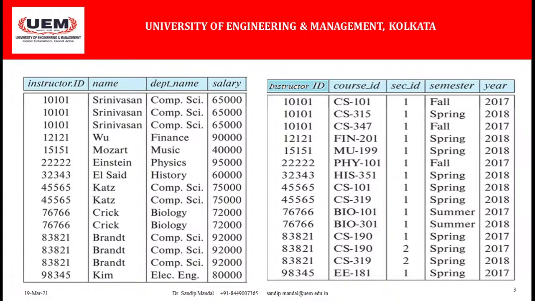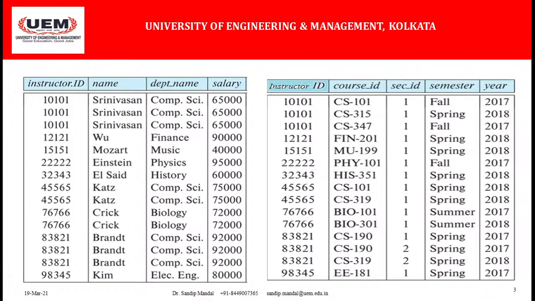One minute please. Yes. In the left hand side table and the right hand side table, two or three things are very common. The left hand side table is, for example, the instructor table, and the right hand side table is, for example, the section table, because some section information is there. In the instructor table there are 4 columns in total.